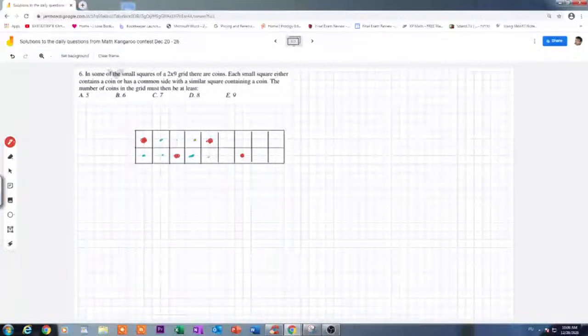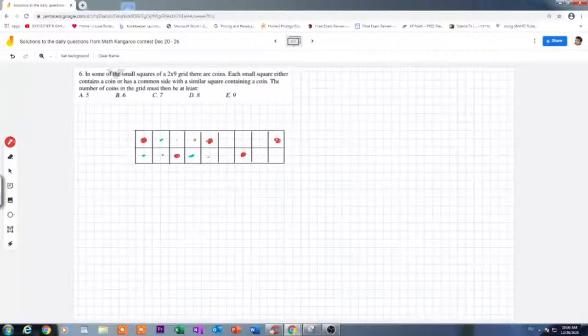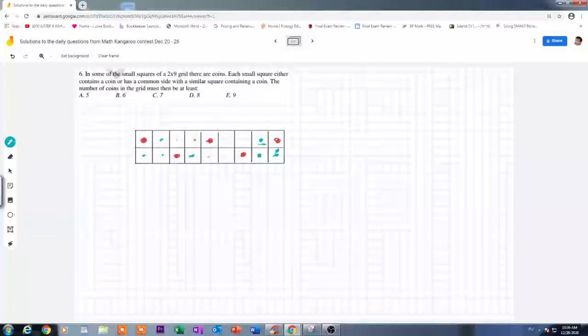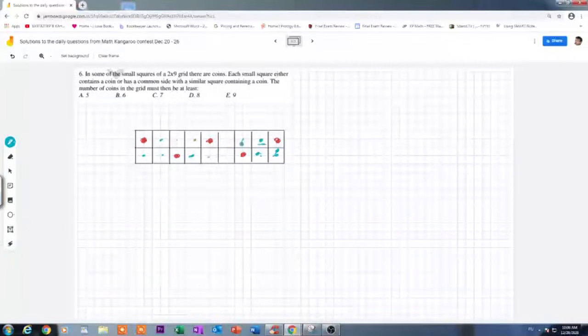So then we place coins here and here. And then we can check, right? This cell borders the cell that contains a coin. This cell borders this cell. So this cell borders this cell. I'm trying to draw arrows.